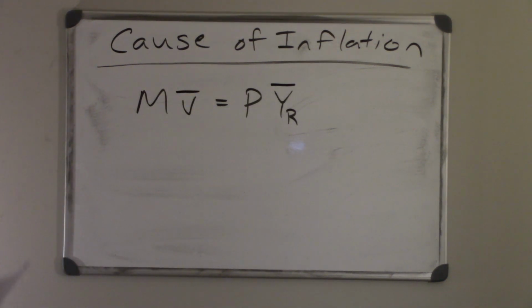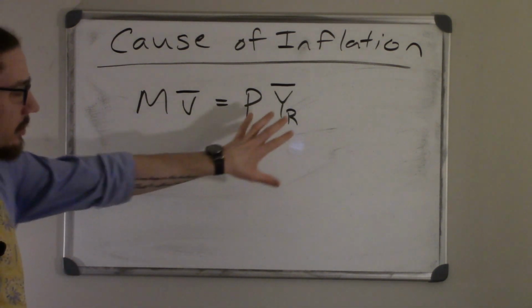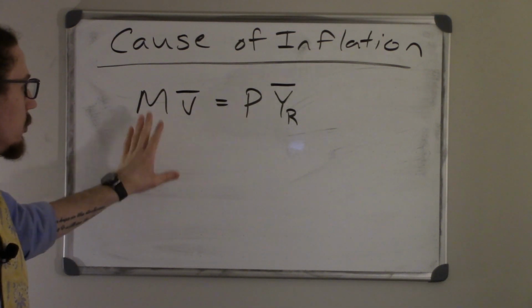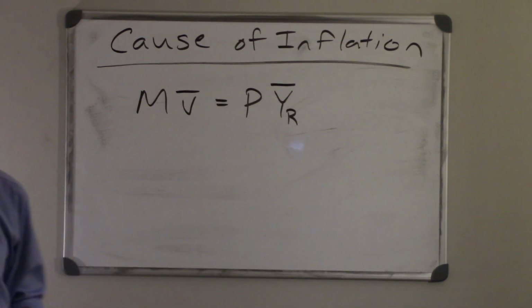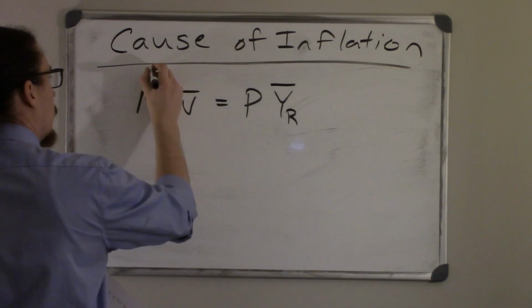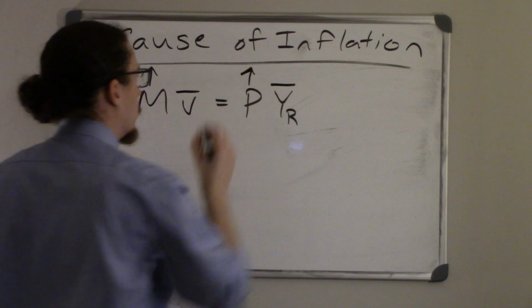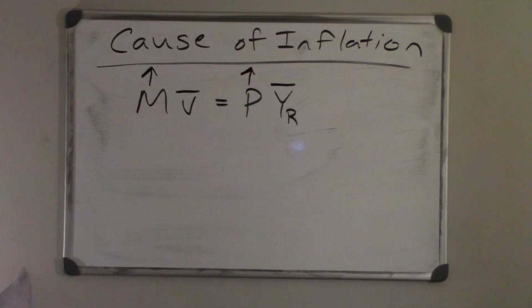We also said velocity of money was pretty stable, so we're going to act like it is constant. So the result is that any changes to the equation have to be through the money supply and the price level. So if the money supply has increased, that's going to mean that the price level has also increased.